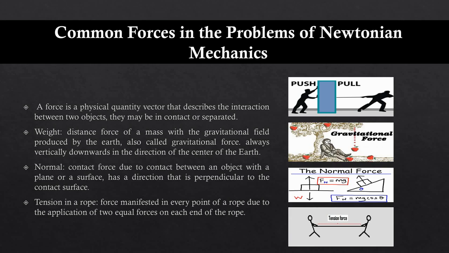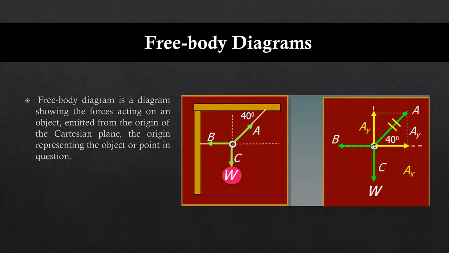Tension in a rope. Force manifested in every point of a rope due to the application of two equal forces on each end of the rope. Free body diagram. A free body diagram is a diagram showing the forces acting on an object, emitted from the origin of the Cartesian plane, the origin representing the object in question.